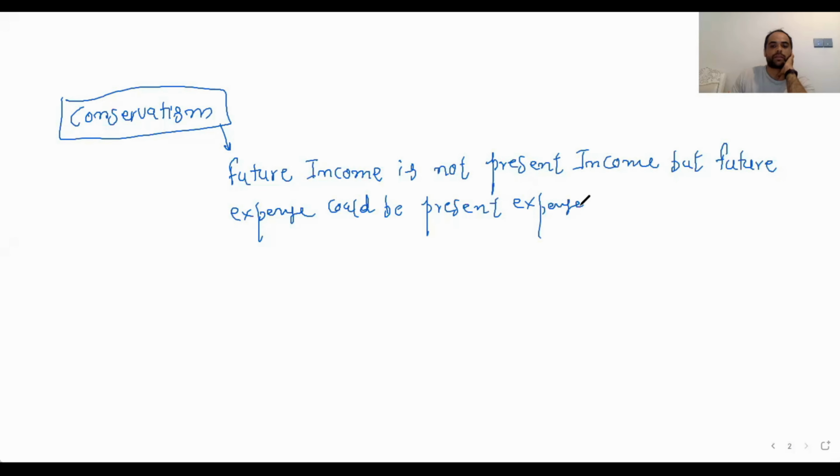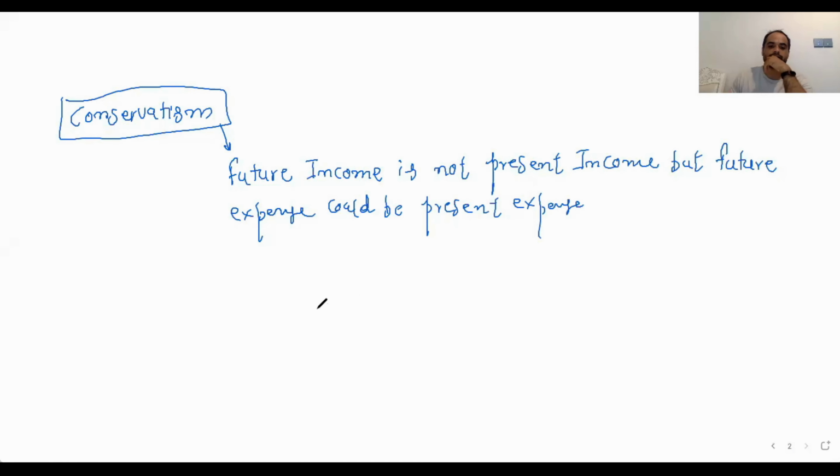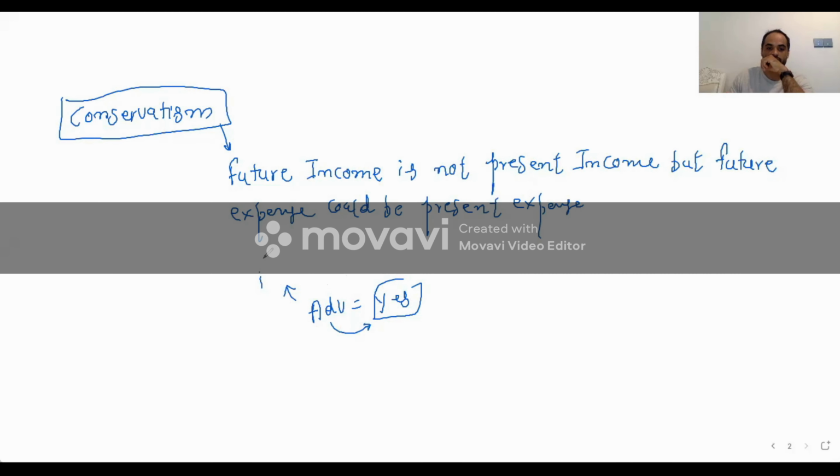Now, what does it mean? For example, your tuition fee. Can you pay your tuition fee in advance? Yes. So if you are paying your tuition fee in advance, that is your future expense. Advance means future expense, and you are paying it now.